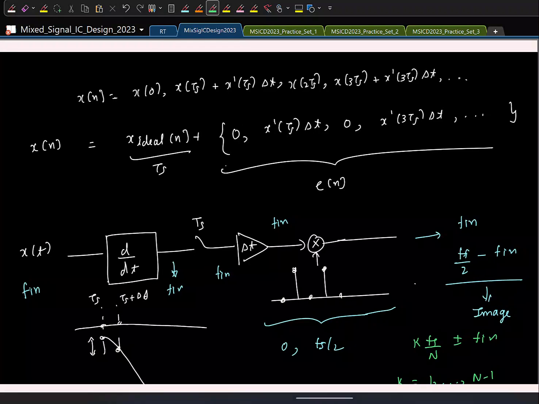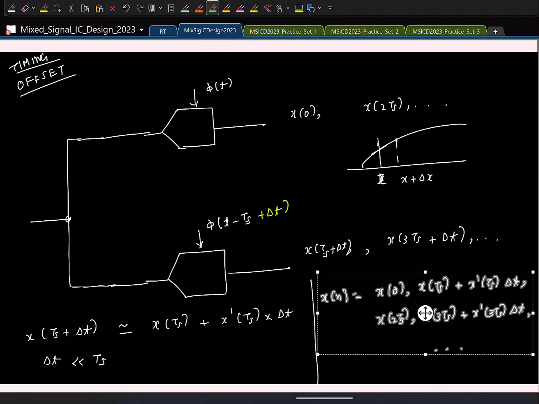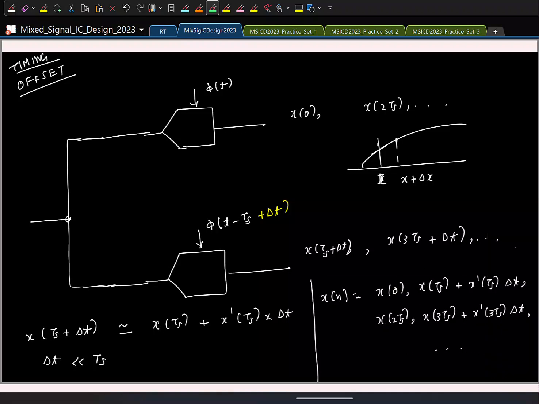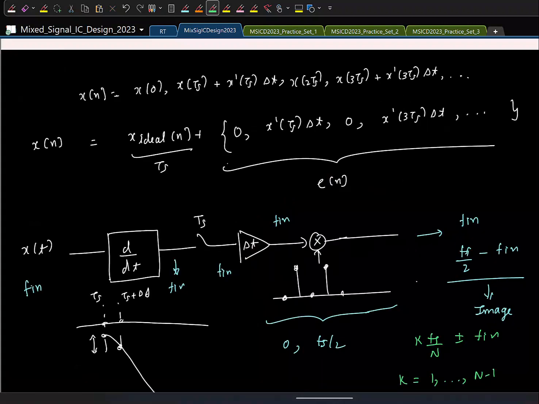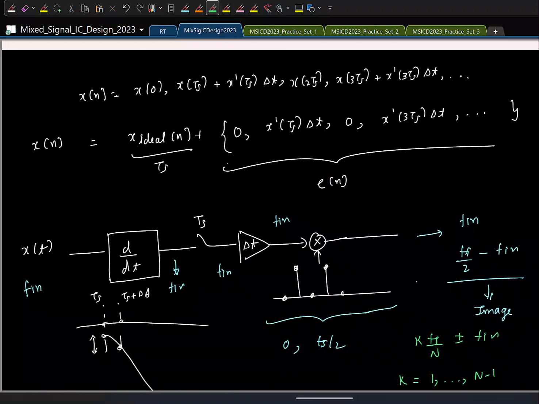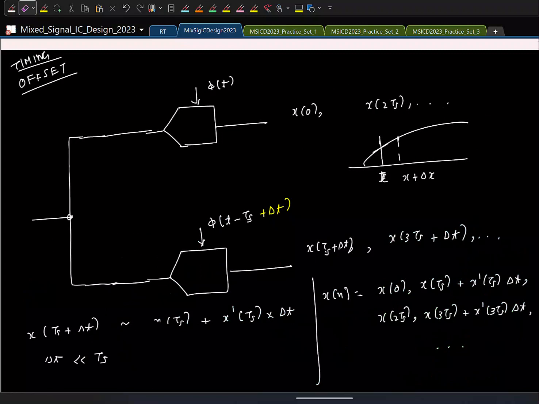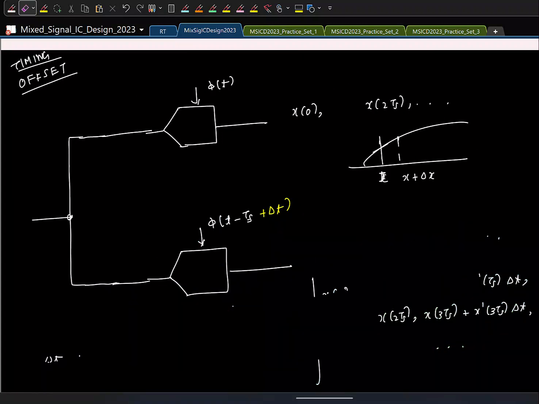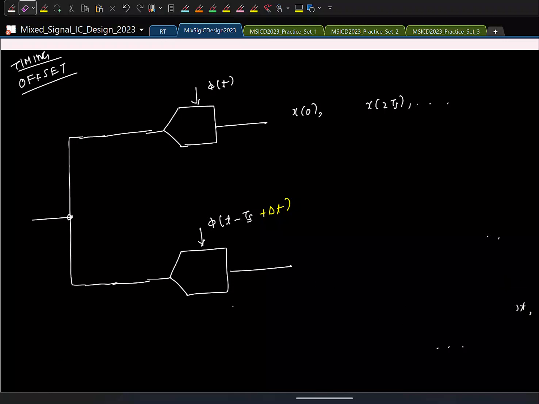So I'll just copy this. What can you suggest to correct for this? Is there something that you can think of?